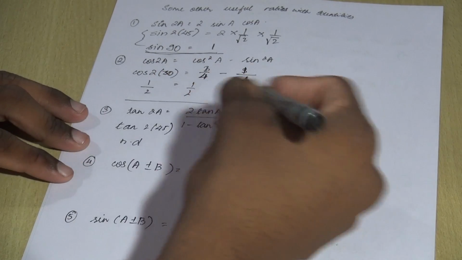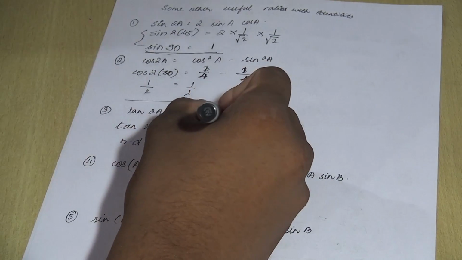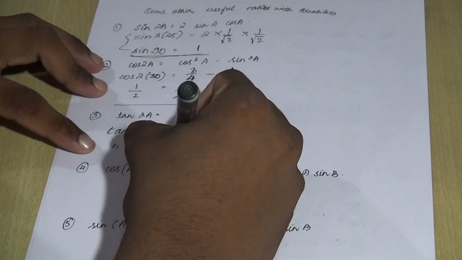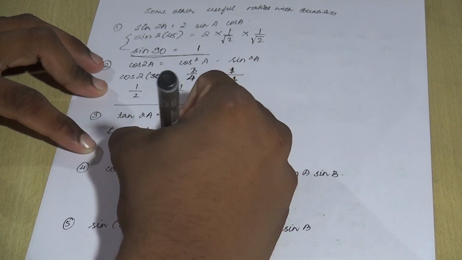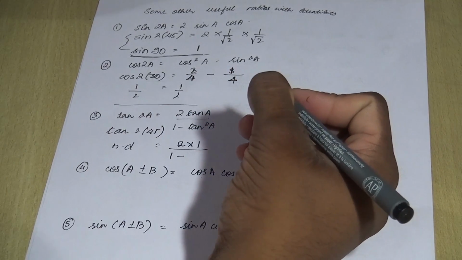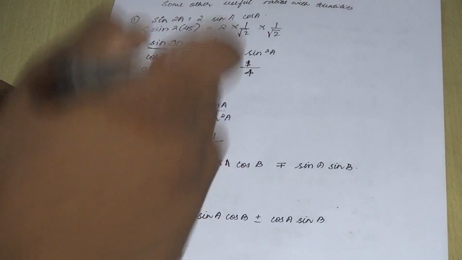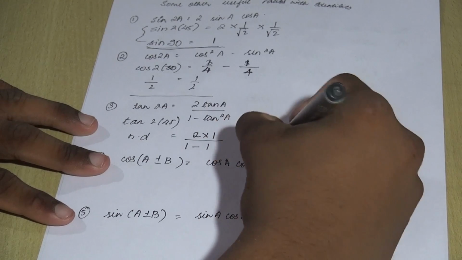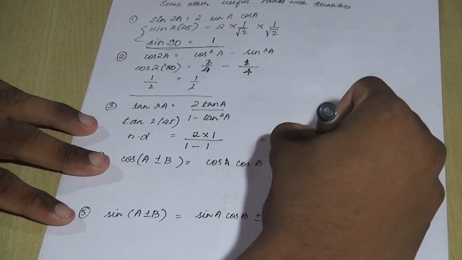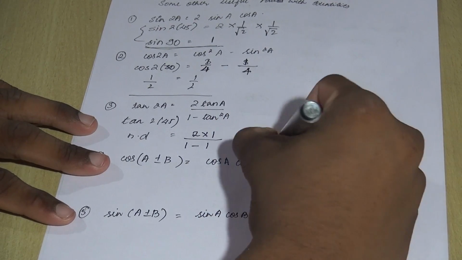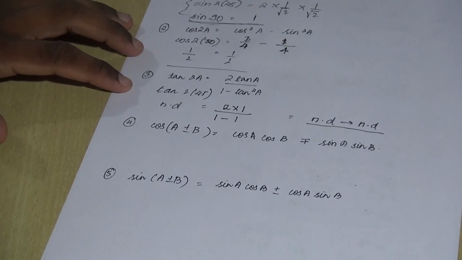So 2 tan a by 1 minus tan square a: tan 45 is 1, so 1 minus 1 is 0, and since anything divided by 0 is not defined, we get not defined implies not defined. So hence we have verified the third one also.